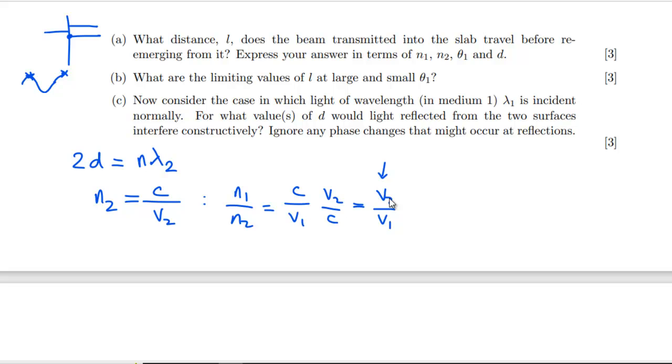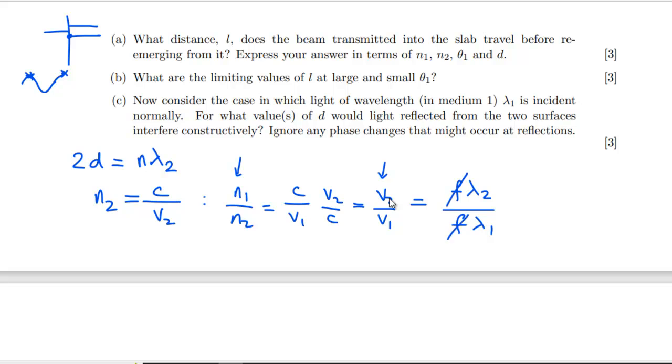So this is going to be less than 1. Now we can also say the velocity is the frequency times the wavelength for each one, and the frequency doesn't change when you go from one medium to the other. So they're going to cancel out.